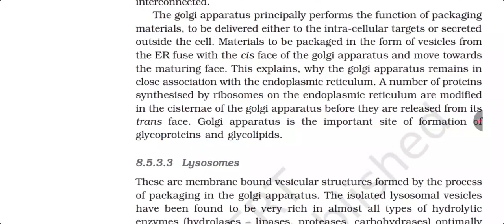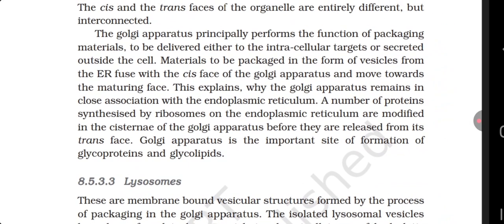The Golgi apparatus principally performs the functions of packaging materials to be delivered either to the intracellular targets or secreted outside the cells. Materials to be packaged in the form of vesicles from the ER fuse with the cis phase of the Golgi apparatus and move towards the maturing phase. This explains why the Golgi apparatus remains in close association with the endoplasmic reticulum.